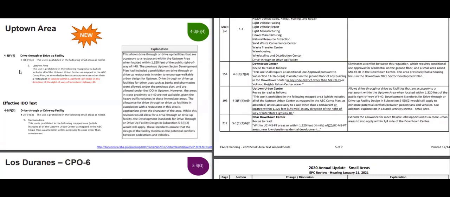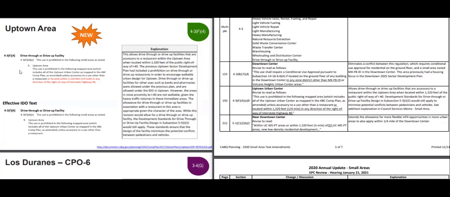This use is prohibited in the following mapped area, which includes all of the uptown urban center as mapped in the ABC comp plan as amended, unless accessory to a use other than a restaurant or located within 1,320 feet, which is 1/4 of a mile, in any direction of the right-of-way of Interstate 40.